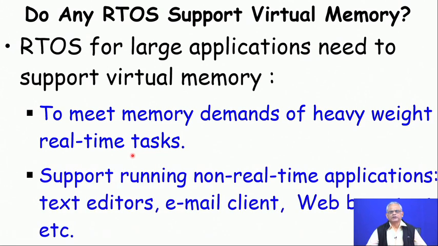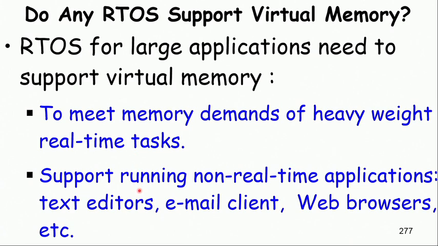And also if we need to support running non real time applications in our system like text editor, email client, web browsers, etc., it becomes necessary to support virtual memory as part of the real time operating system.